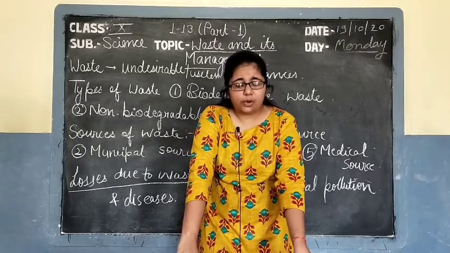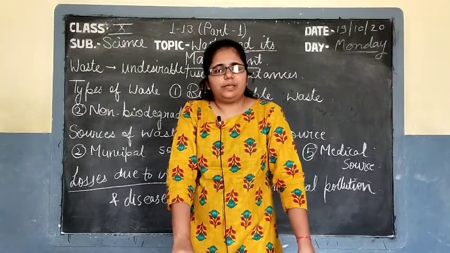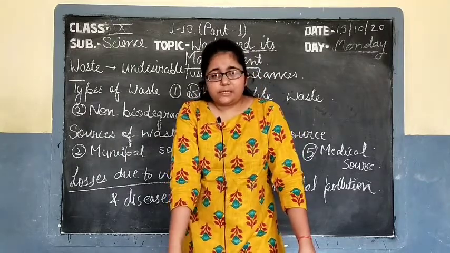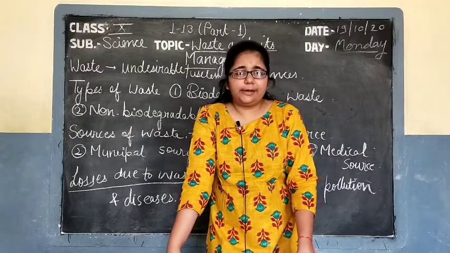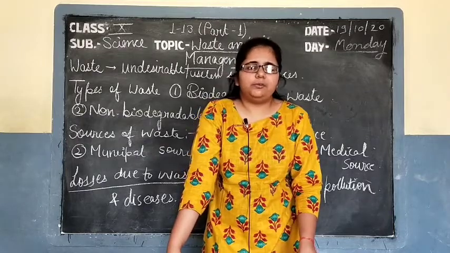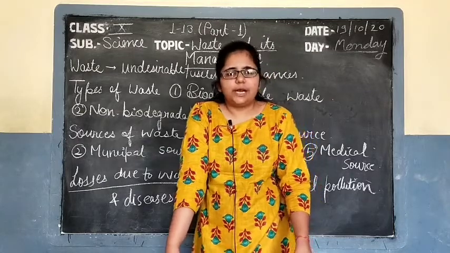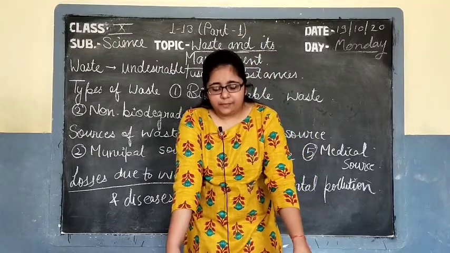The second one is non-biodegradable waste. The waste which can't be biodegraded from the environment is present in its initial form for billions of years, and due to that nature, the garbage production still continues. So there is accumulation of this kind of waste and no degradation, so it leads to a hazardous effect on the earth.